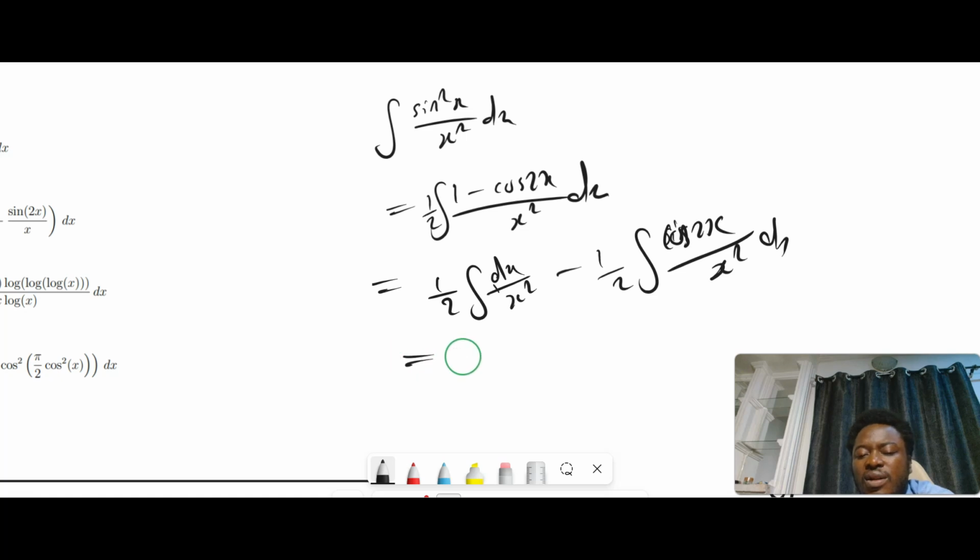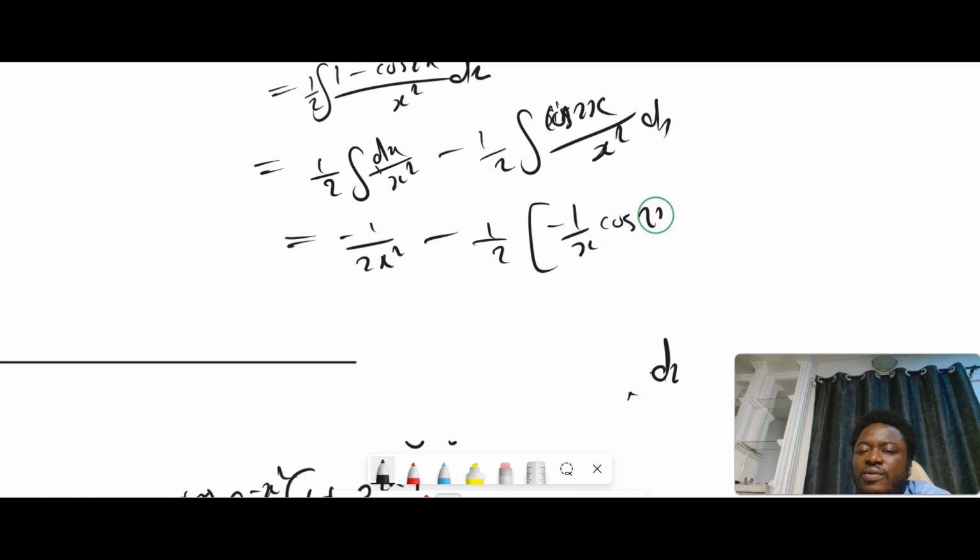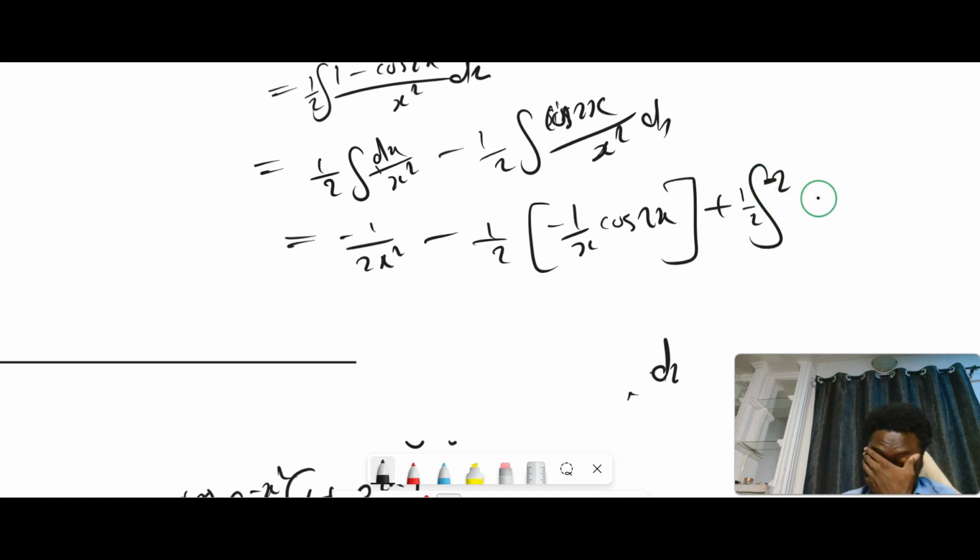So that would be negative 1 over 2x squared, then minus 1 over 2 times negative 1 over x times cosine of 2x, then plus the integral of 1 over 2 times negative 2, since the derivative of cosine is negative sine, so negative 2 sine of 2x all divided by x dx.